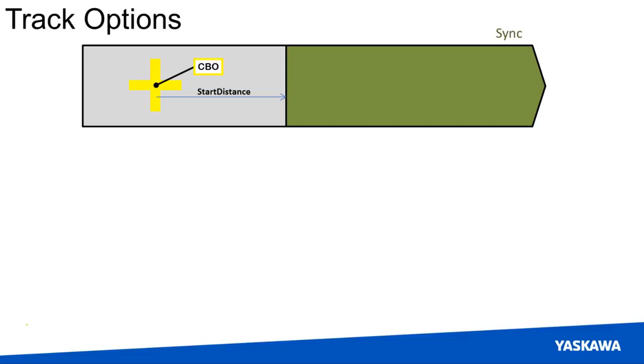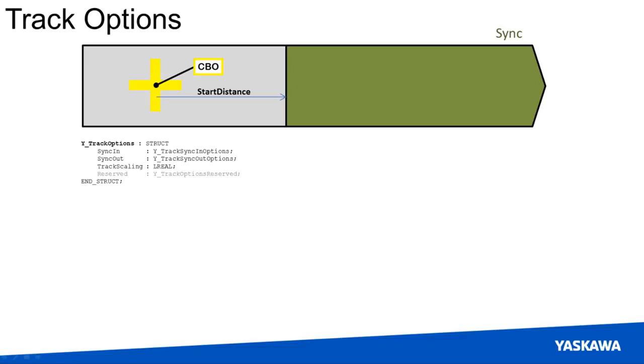So here I have an overhead view of a conveyor belt. The conveyor belt origin is shown, and you can see that the start distance is defining where the beginning of that sync zone is. So conveyor tracking may start when you hit the conveyor belt origin, but the actual synchronization is not going to start until the part gets in that green zone, that synchronization zone.